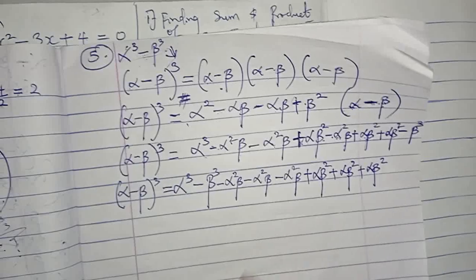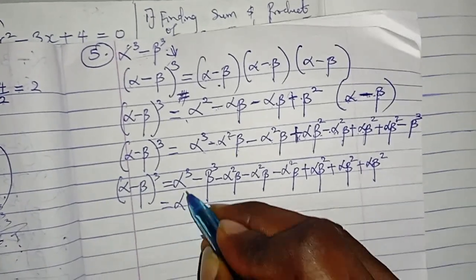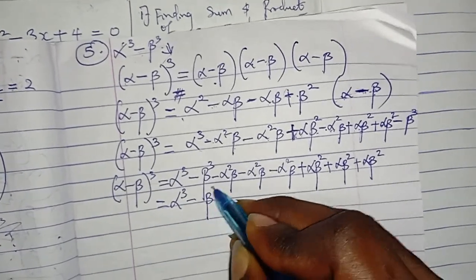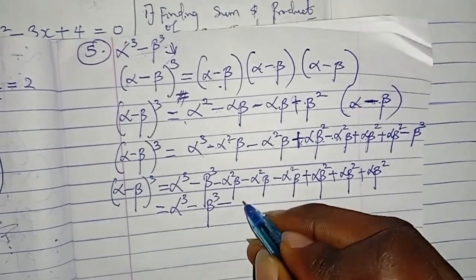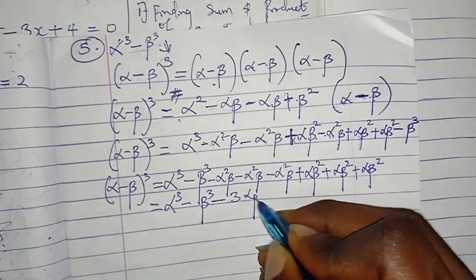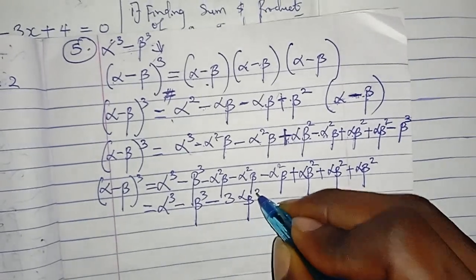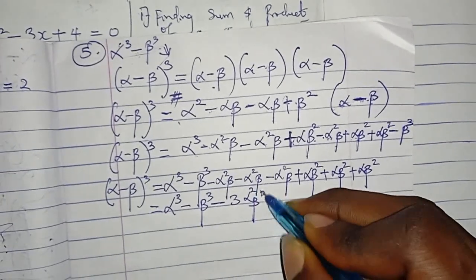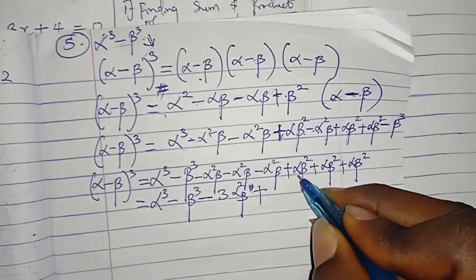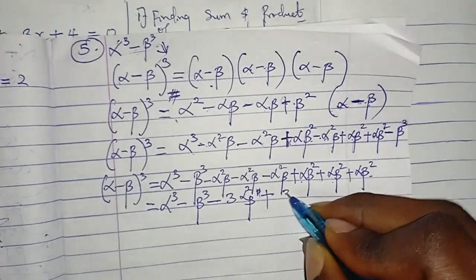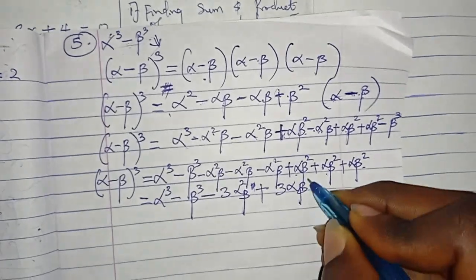So you see that I have alpha cube minus beta cube, minus, if you check this, it's 3 of it, so minus 3 alpha square beta, then plus, this is 1 2 3, 3 alpha beta square.